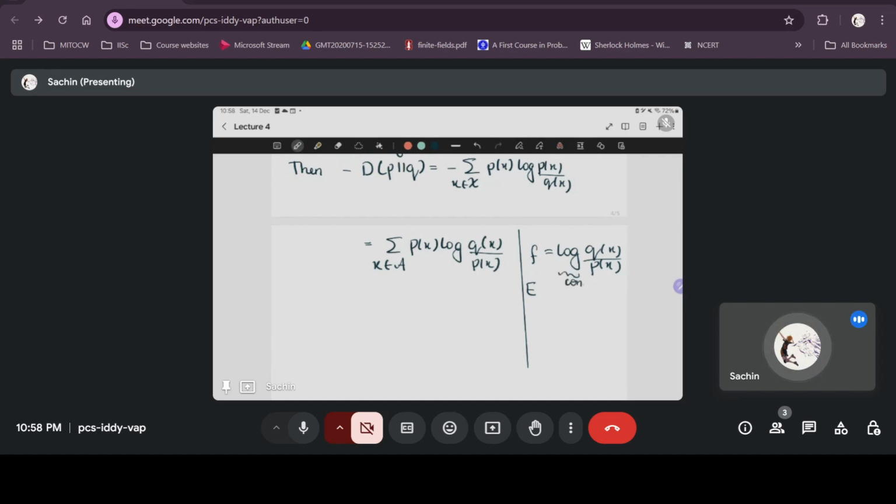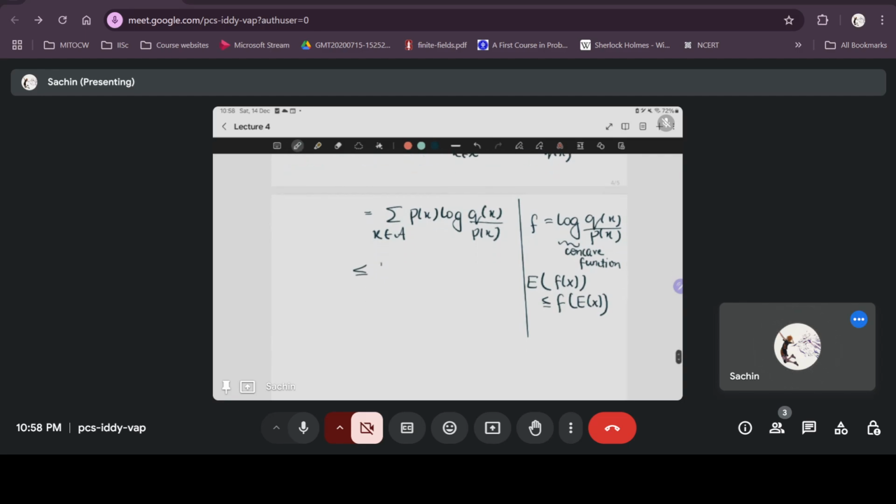I'll write it to the side here. This is a concave function. So the expected value of f of x is less than or equal to f of the expected value of x. So I can now say this is less than or equal to log of the expected value of q of x over p of x.